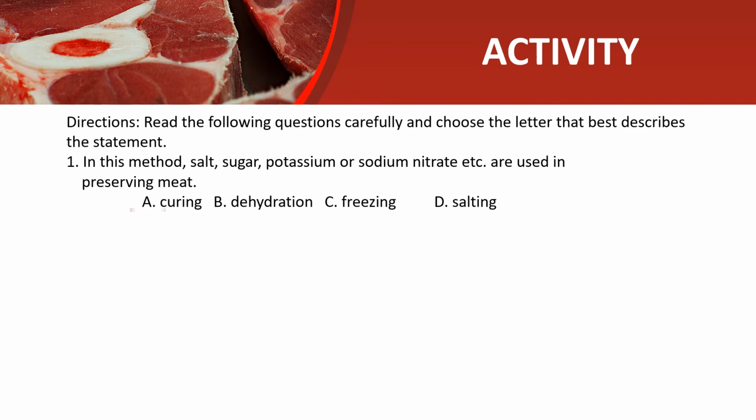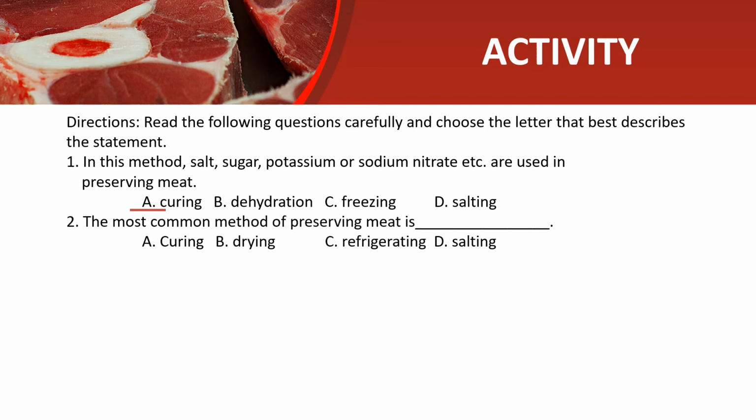The correct answer is letter A, curing. Number 2. The most common method of preserving meat is A, curing, B, drying, C, refrigerating, D, salting. And the correct answer is letter B, drying.